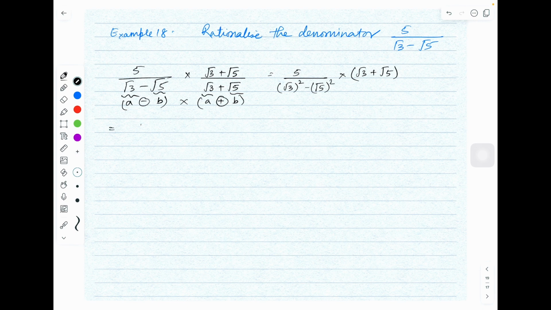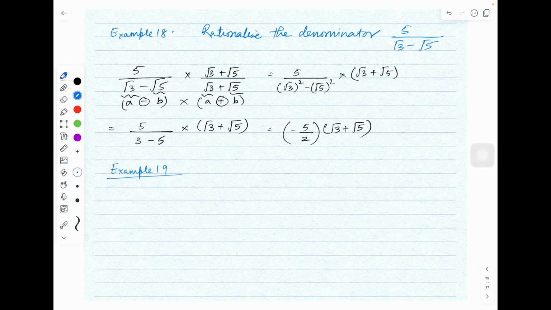Root 3 square is 3, root 5 square is 5, so 3 minus 5 is minus 2. So this will become 5 by minus 2 into root 3 plus root 5. This is one.